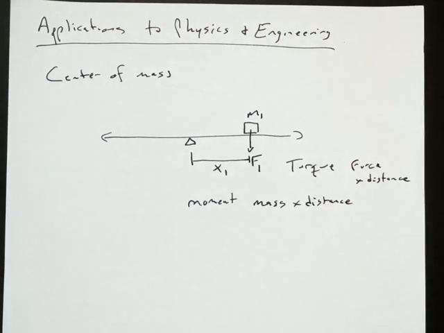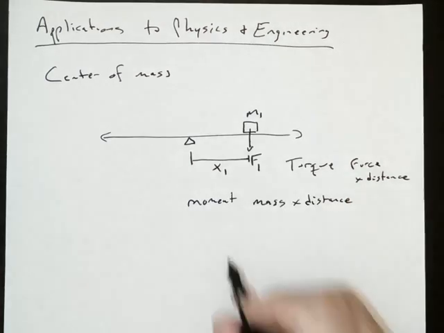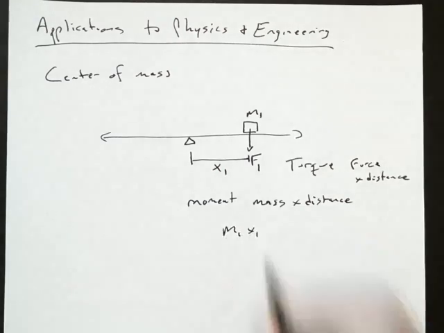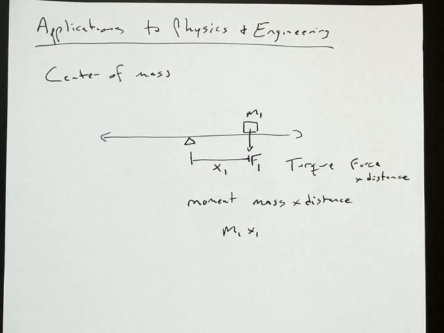So this particular weight would have a moment m1 x1. If I want to balance this, there should be a weight on the other side so that my total moment, the force applied on the left and the force applied on the right, is 0. Yes?